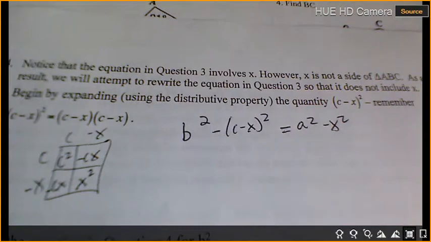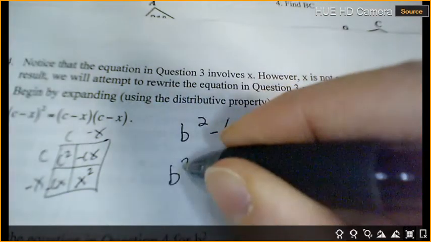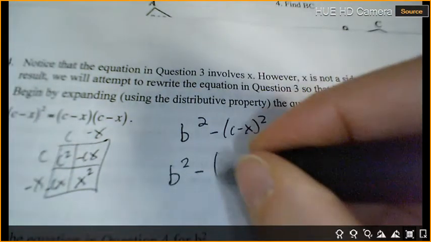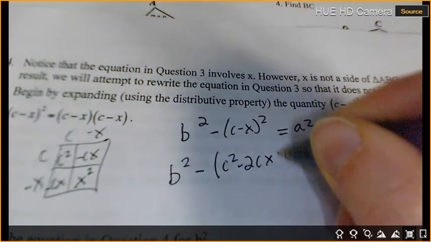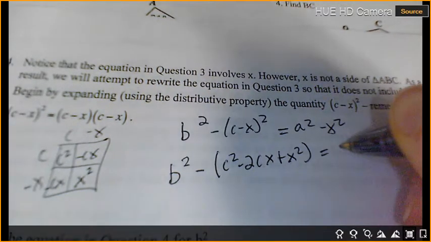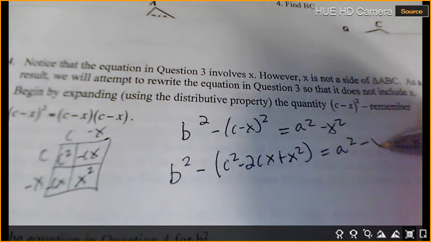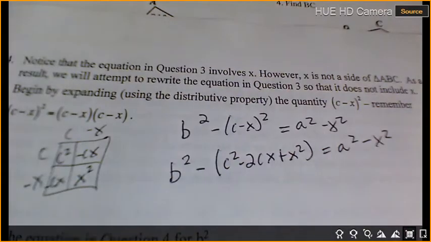So it should be c and negative x, and c and negative x, right? c times c is c squared, negative cx, and a negative times negative is positive x squared. So we are now going to get b squared minus c squared minus 2cx plus x squared equals a squared minus x squared.